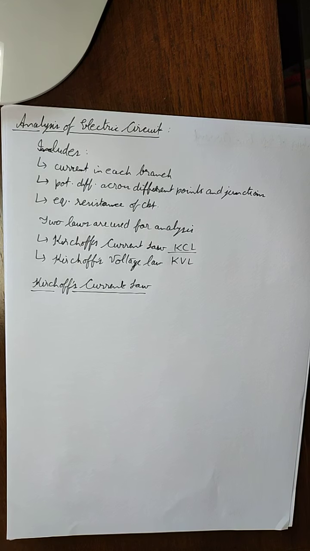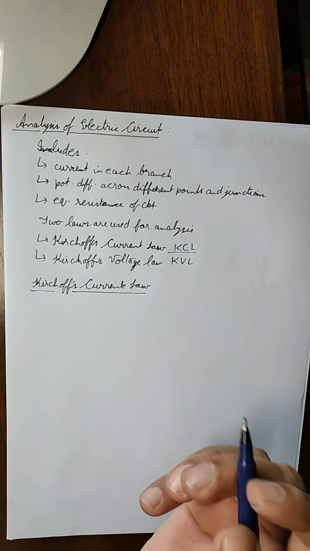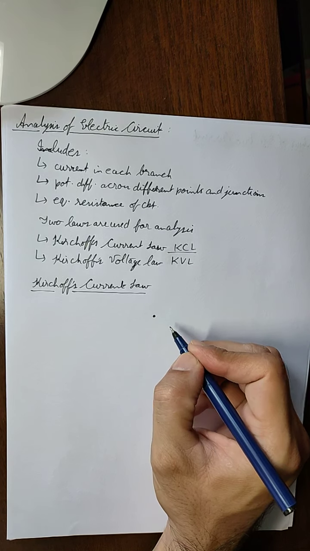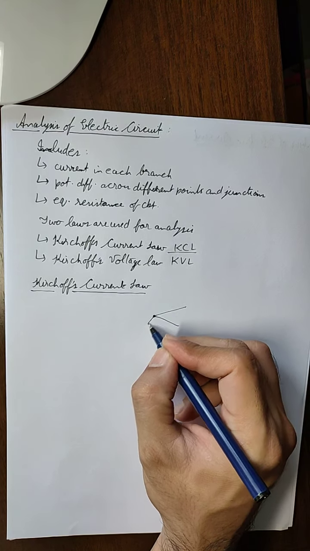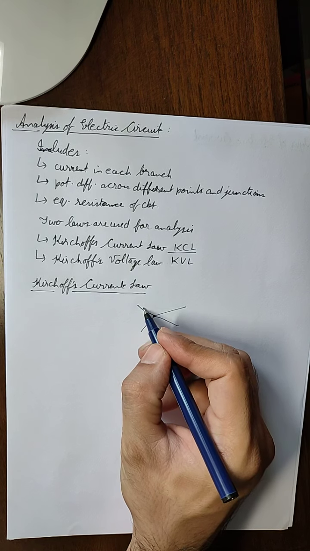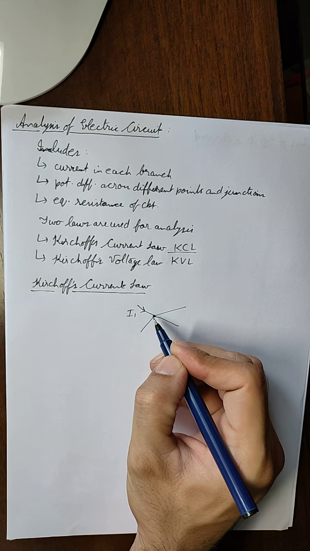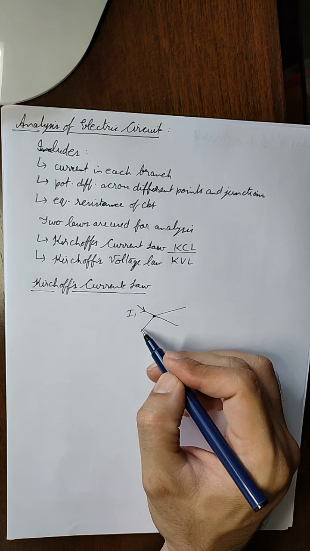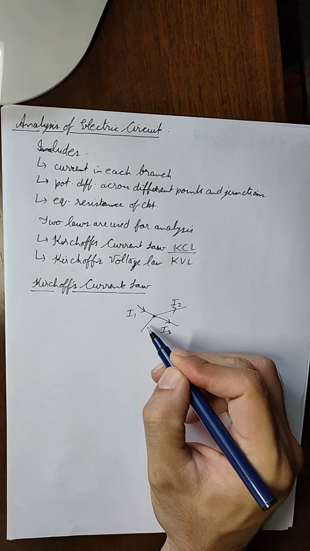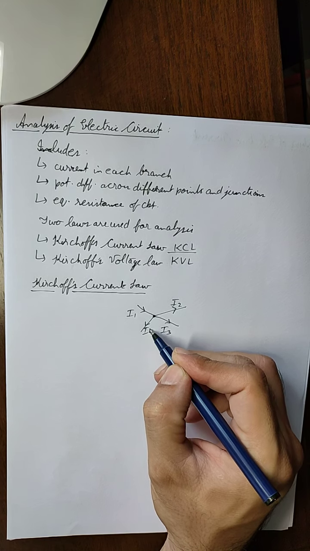Now this law defines the distribution of current at any junction of a circuit. Let us say that we have a part of a circuit in which there is a junction and there are various branches going out from this junction. And let us say that at this junction a current I1 is coming inward, and this I1 is divided into three branches, say I2, I3 and I4.